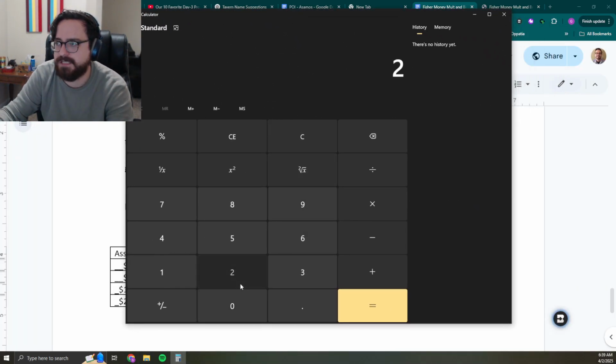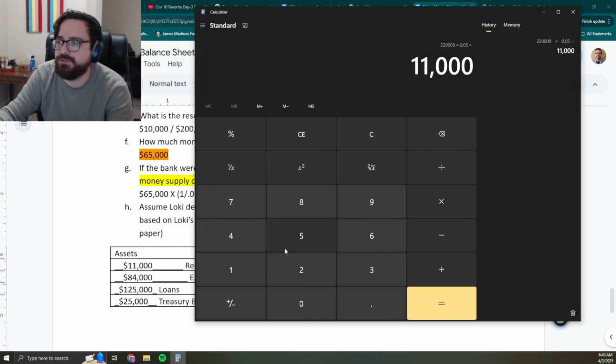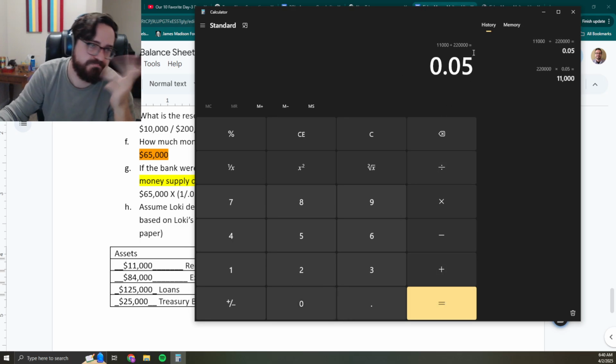Either type 220,000 times 0.05, or you would do, what was the other way I would do this? 11,000 divided by 220,000, 0.05. Either way would work just fine.